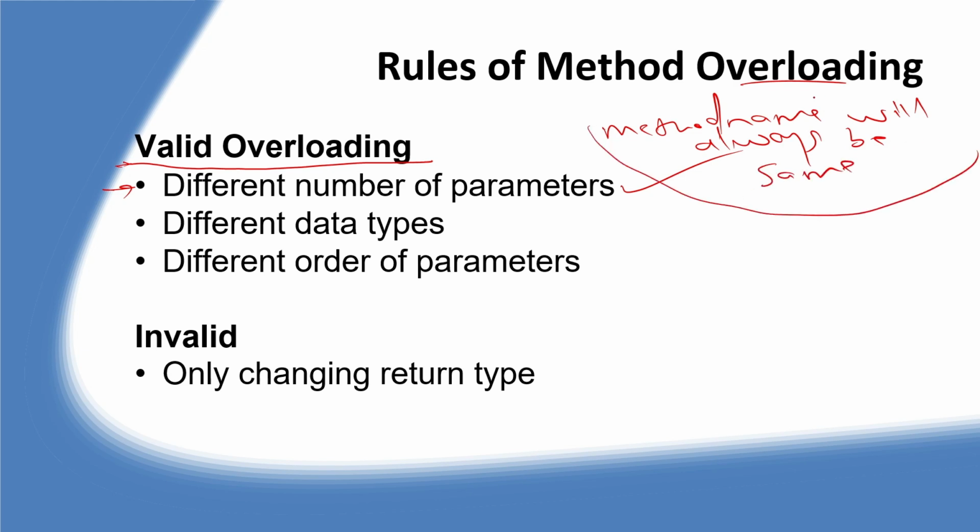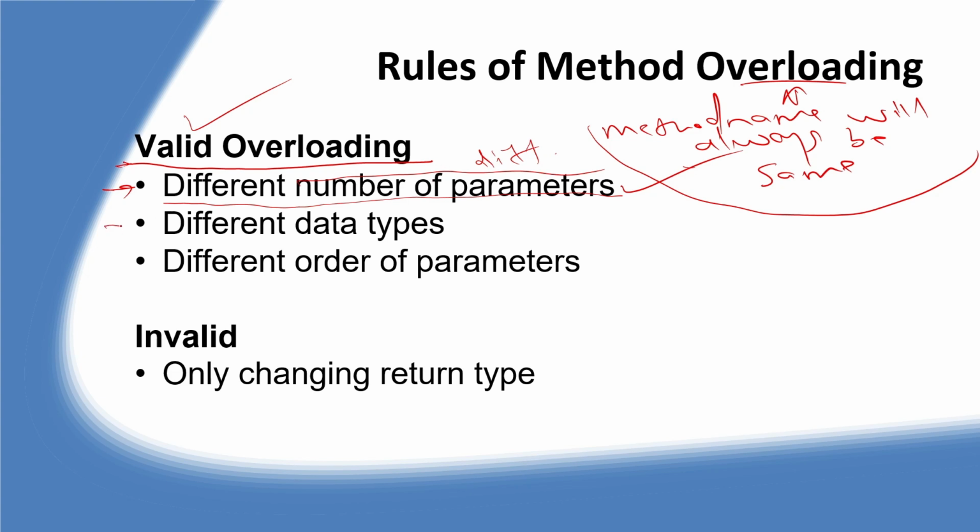Keep in mind, overloading: method name is same. Then what second condition we need to check? That is different number of parameters. This is valid overloading. Method name is same, but number of parameters are different. It can be 1, it can be 2 in different methods. This is one type of method overloading.